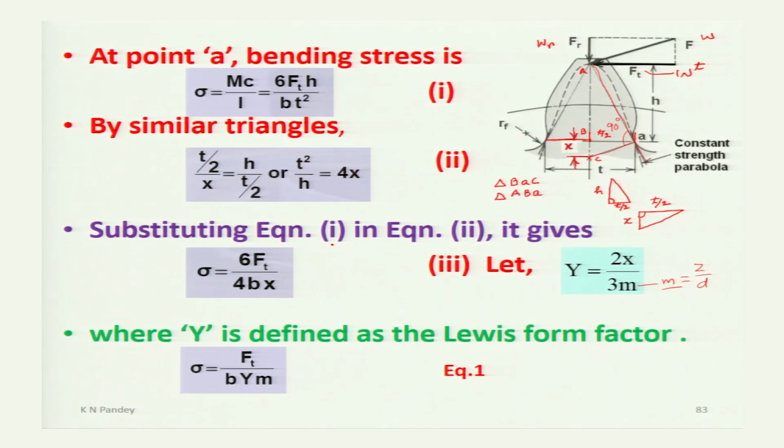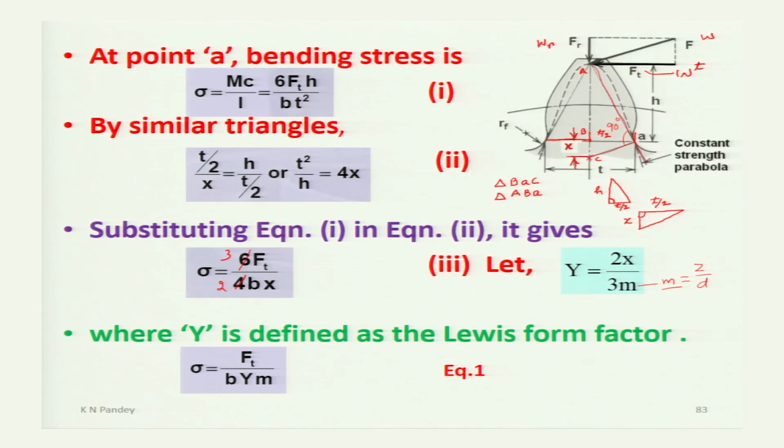Now substituting equation 1 in equation 2, that means t²/h is substituted as 4x, we have sigma equal to 6 Ft divided by 4 b x. So this will be 3, this will be 2.